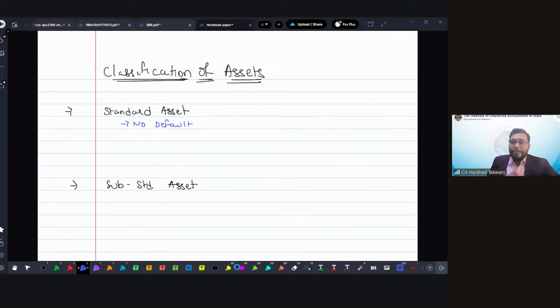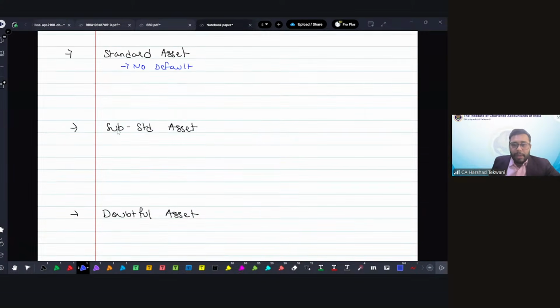A substandard asset is one which is classified as an NPA for a period not exceeding 18 months. Once I classify an asset as substandard, for the first 18 months it will remain substandard. So if a standard asset is classified as an NPA, for the first 18 months it will remain a substandard asset.